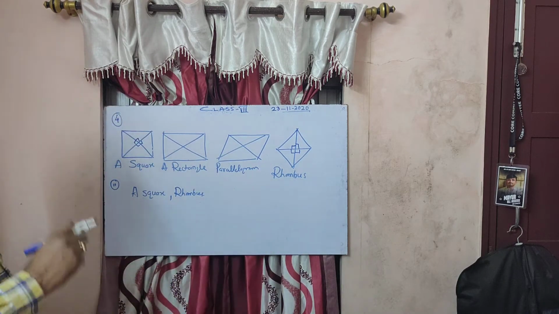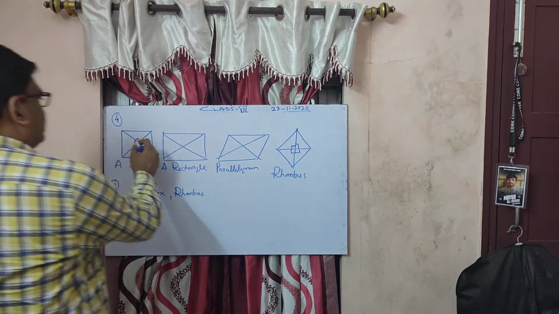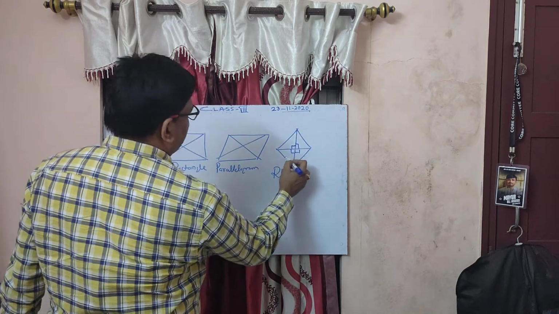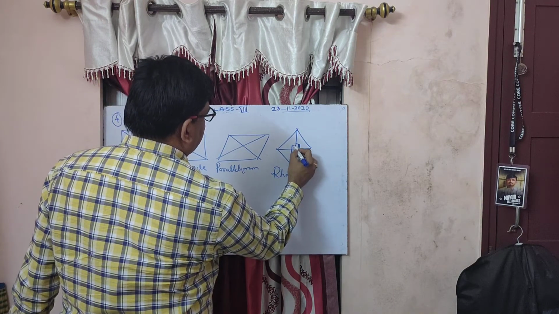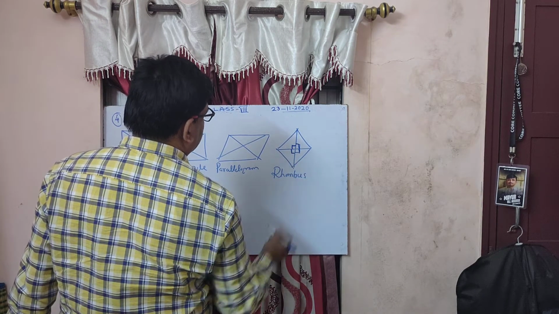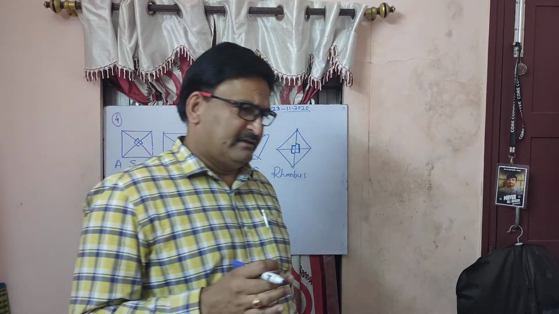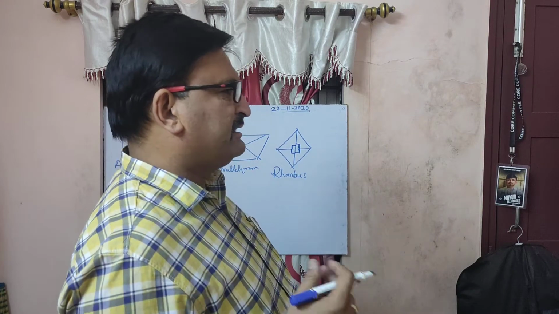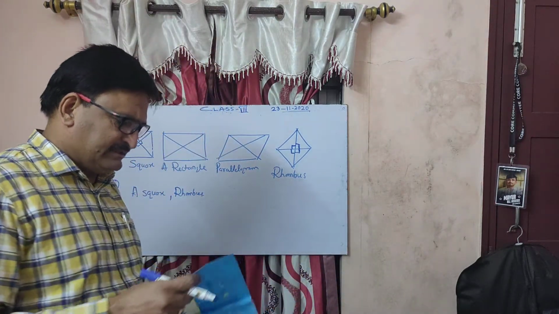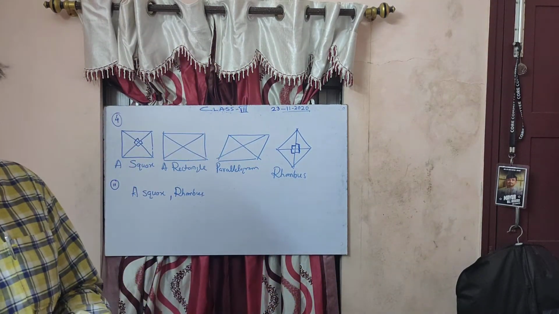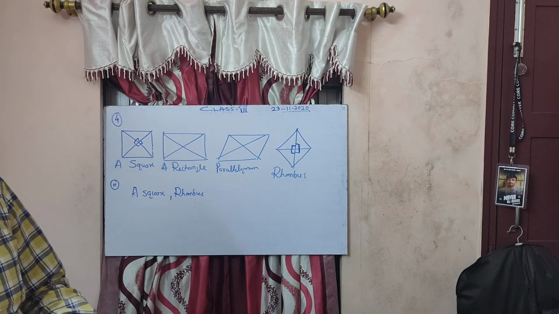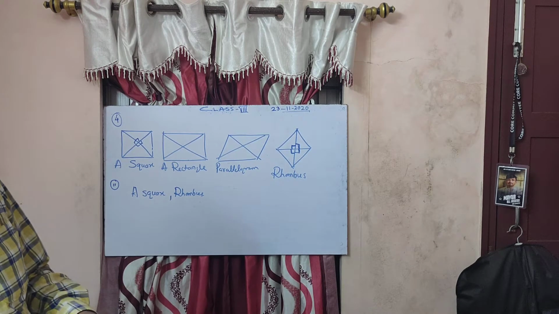Perpendicular bisector means 90 degrees. Whenever the diagonals bisect, if they make 90 degrees here, that is called perpendicular bisected, or sometimes you can call it bisected at 90 degrees.